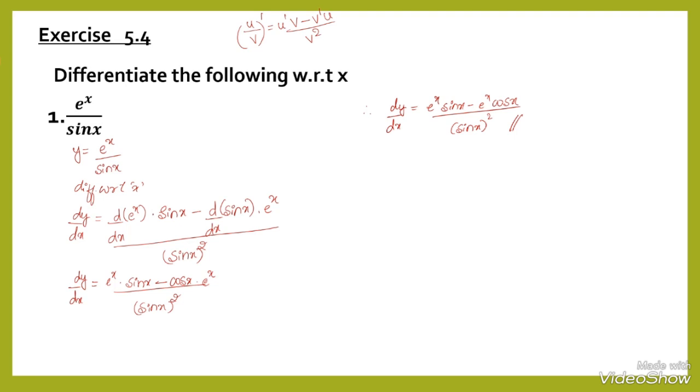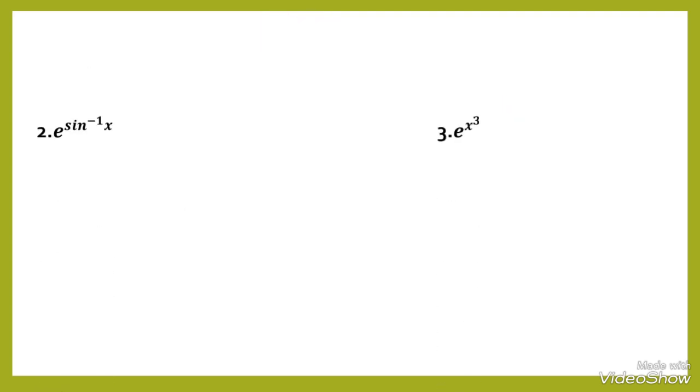Now let's move on to the next problem, that is differentiation of e to the power sine inverse of x. Again I consider the equation y is equal to e to the power sine inverse of x. Now differentiating with respect to x, dy by dx is equal to differentiation of e to the power x.